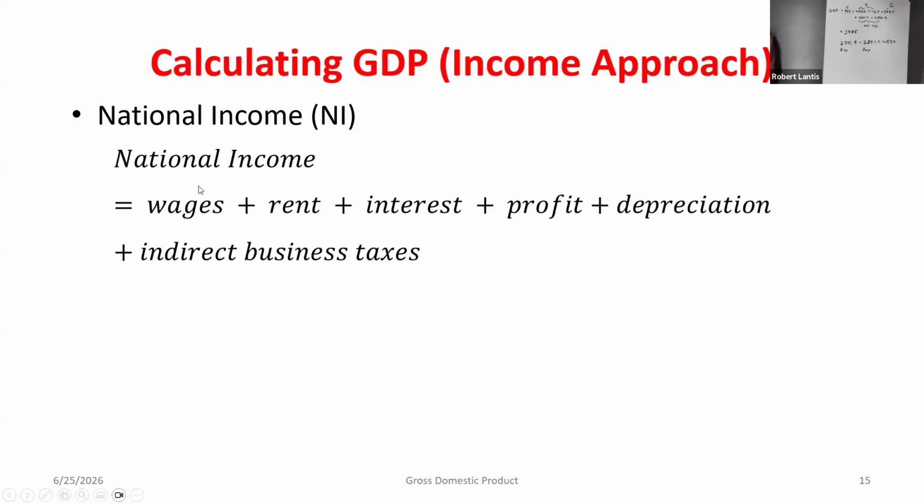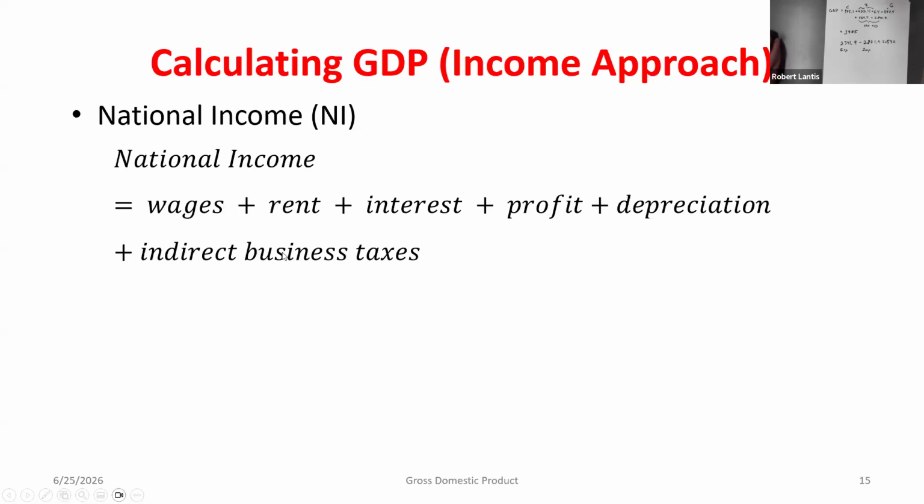So instead of consumption of goods, that would be the profits that companies are making. Or when consumers buy financial products, there's interest being made. Rent is going to be the opposite of investments into capital. That's how much the capital is receiving from businesses. And then wages are how much individual households are making off providing their labor.